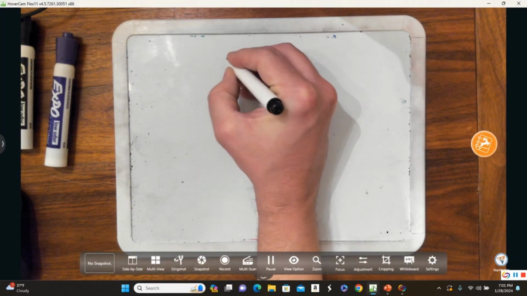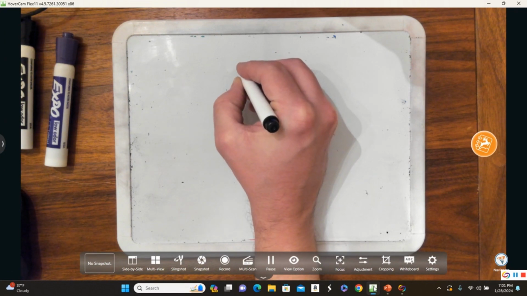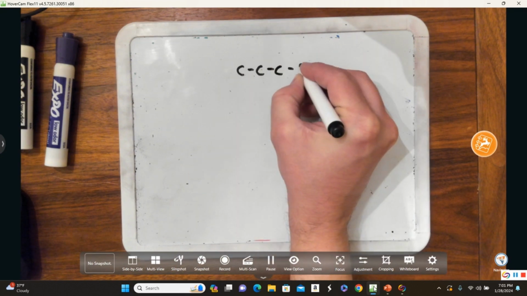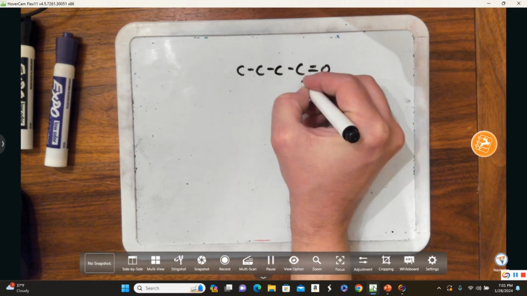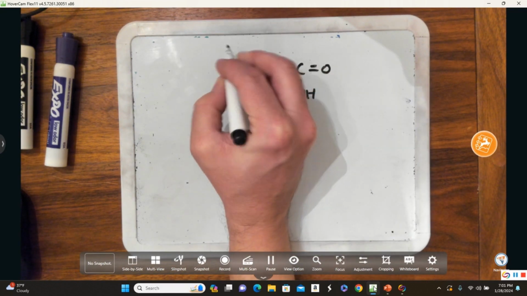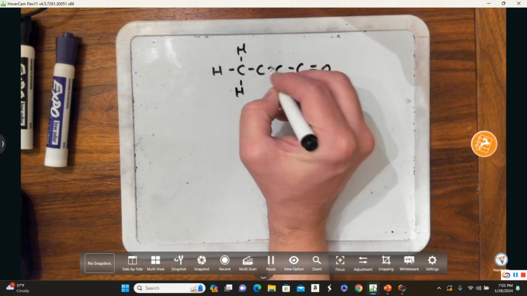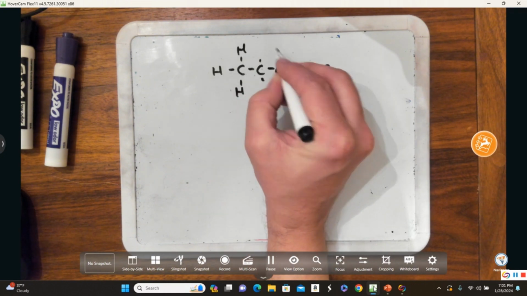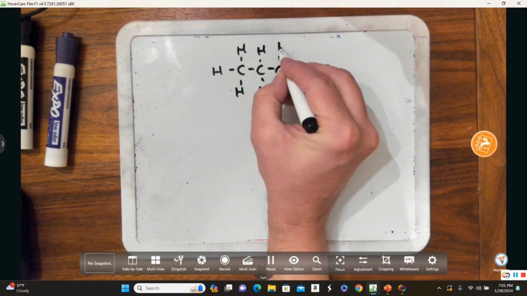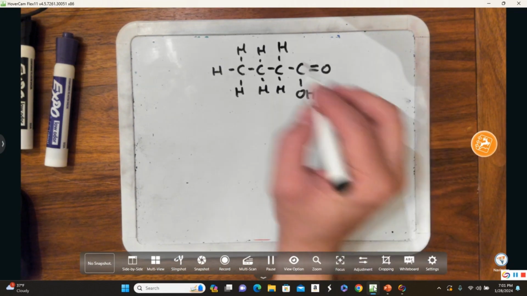Let's talk about the idea between, so if I take a carbon, for example, here, and I take these carbon chains, like that. And every dash represents a single covalent bond, and the double dash represents a double covalent bond.